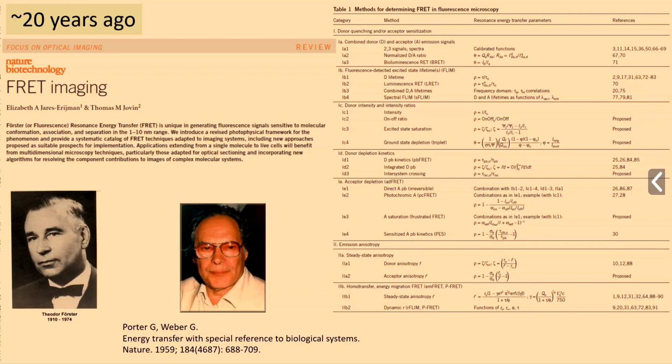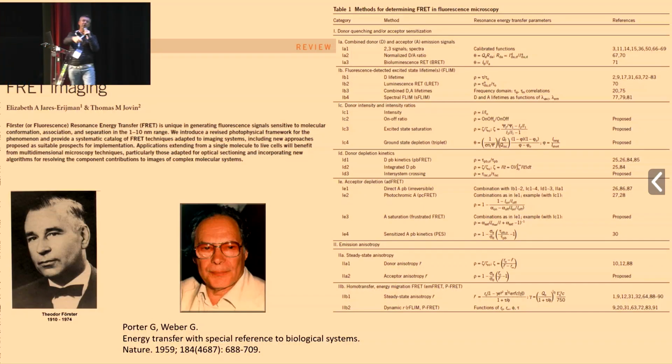You can also look at the change of anisotropy. If one molecule gives energy before relaxing to another one, then you should see a change in its apparent anisotropy or polarization, depending on how you name it. And there is also donor depletion kinetics, where you bleach the acceptor and look at the change in the donor, or you bleach the donor and look at the change in the acceptor. Usually, you bleach the acceptor and look at the change in the donor.